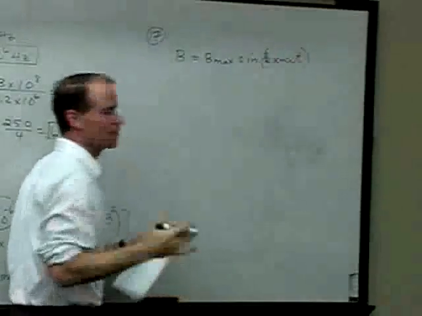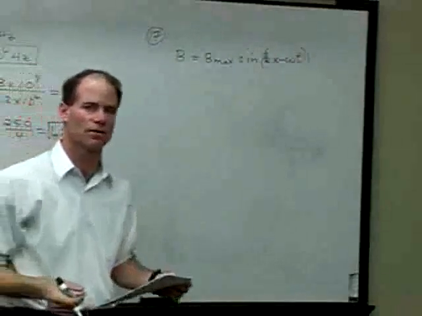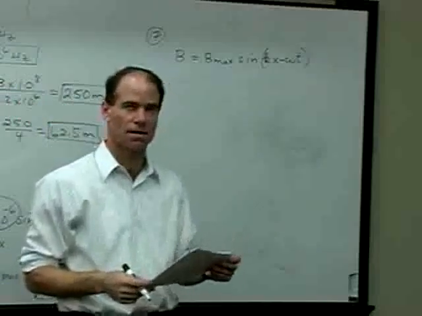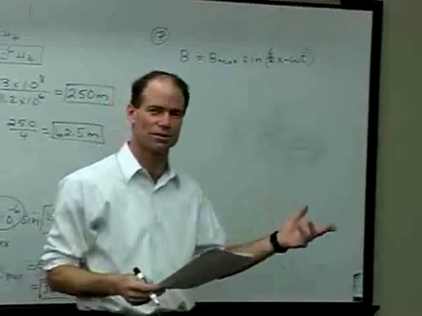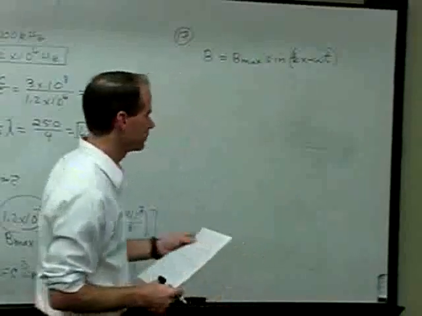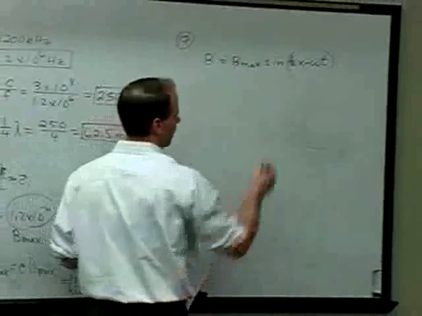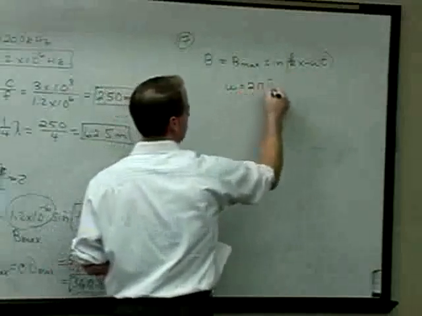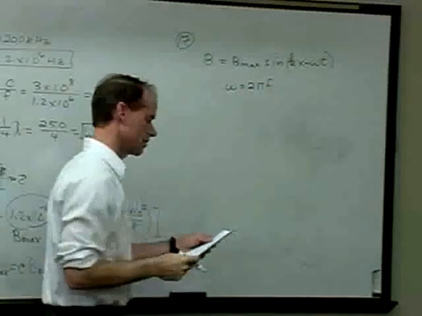This is a wave function, just like the wave function that we were describing way back in chapter 16 of the previous course in Physics 2. In this sense, omega is 2 pi times the frequency of the wave.